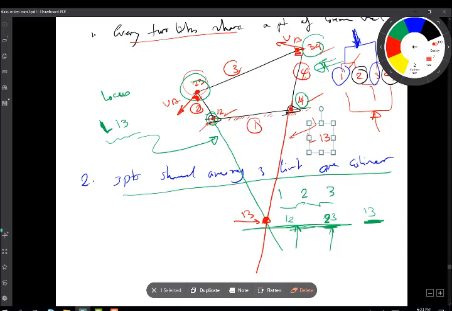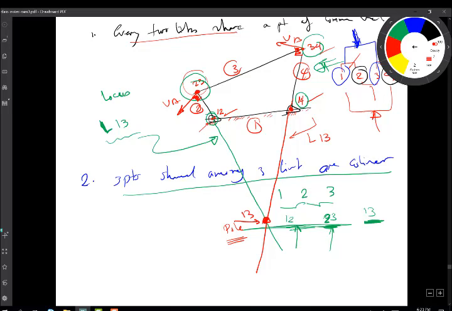We found the pole of link number 3, which is exactly point 1,3, because it's common between 3 and 1 and its velocity is 0. So this is the pole, the instantaneous center, or whatever you want to call it.